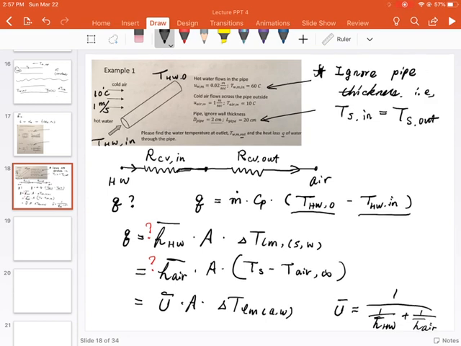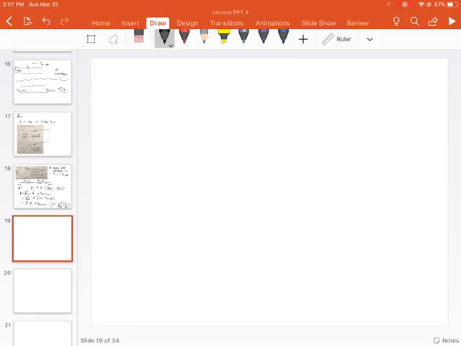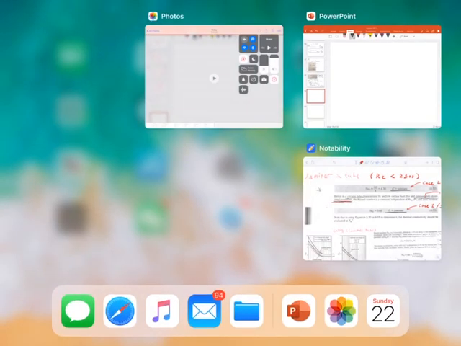If this is what we write, then I'm going to go ahead and find the convection coefficient of the water and the convection coefficient of the air. In order to calculate these convection coefficients, we have to use these equations.